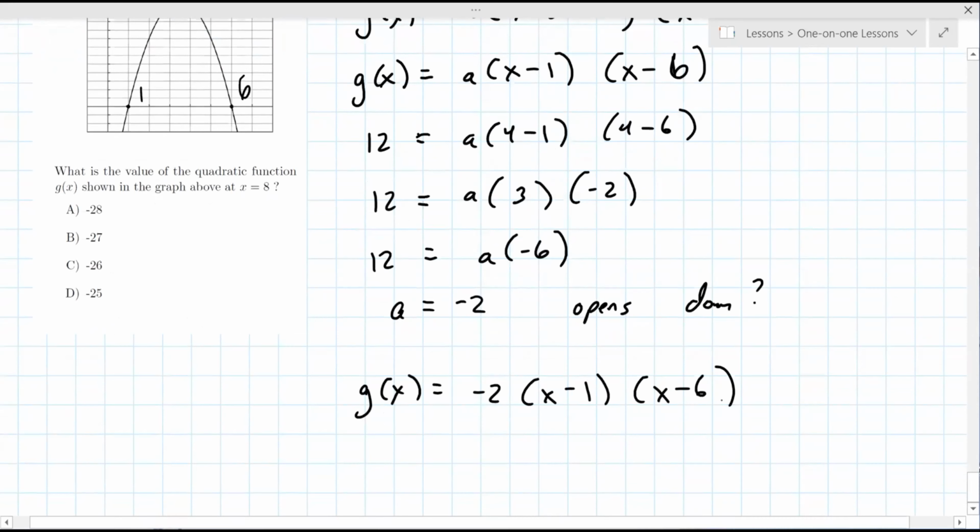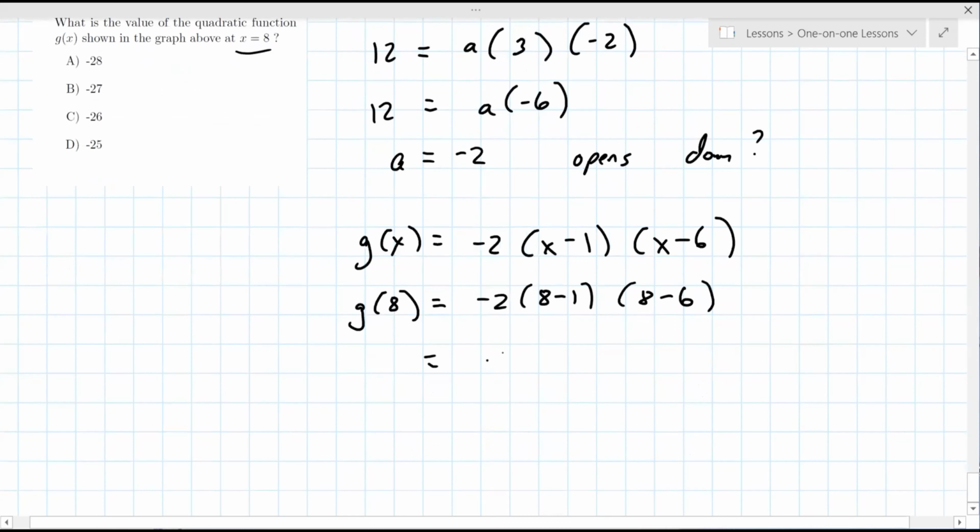You want to write the equation so that you can figure out what happens at 8. So g of 8 is -2 times 8 minus 1, times 8 minus 6. So that's -28. Okay.